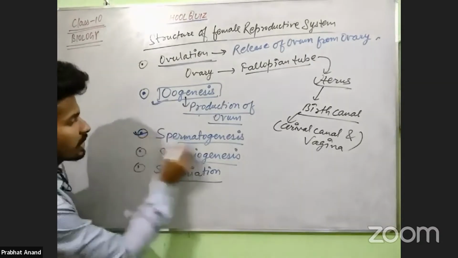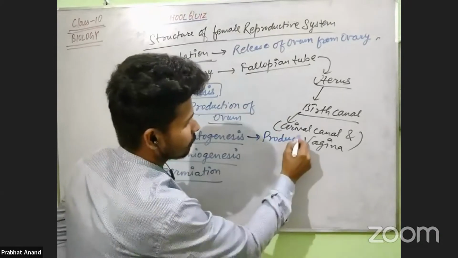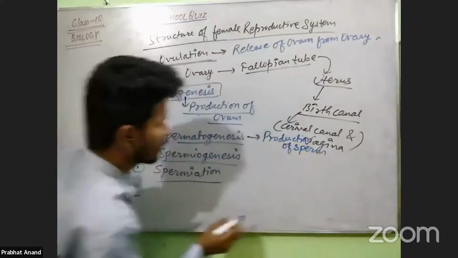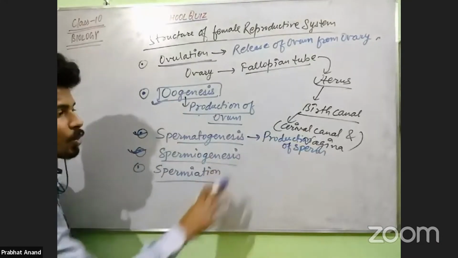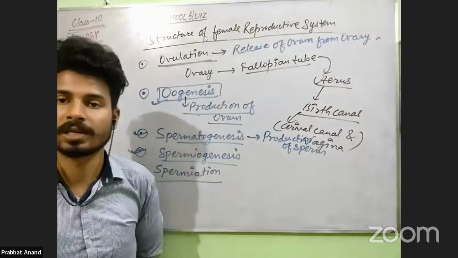So spermatogenesis is the production process. Production of sperm by the process of spermatogenesis. But when the production of sperm takes place, the sperm attaches with the Sertoli cell for maturation, right?